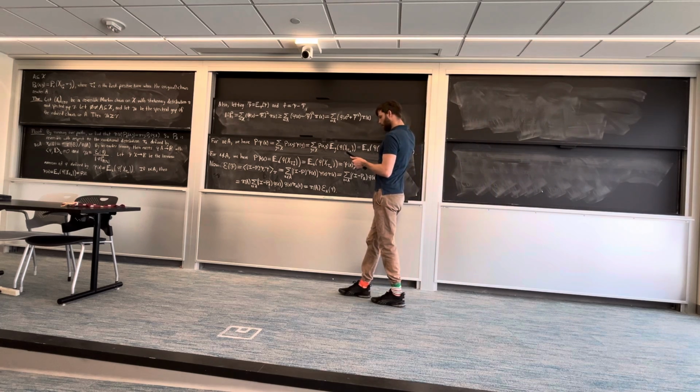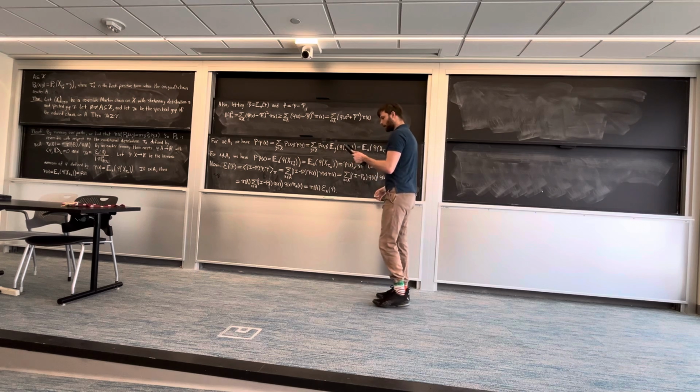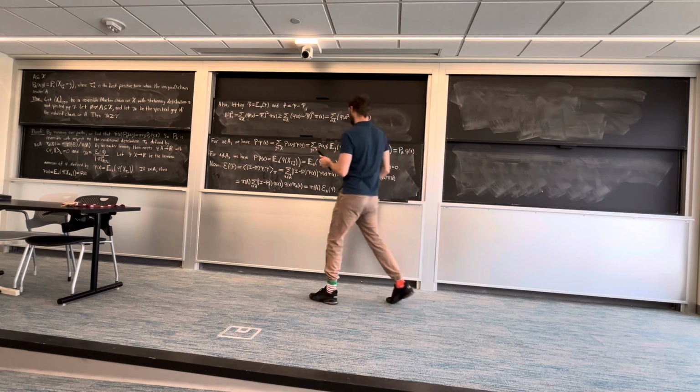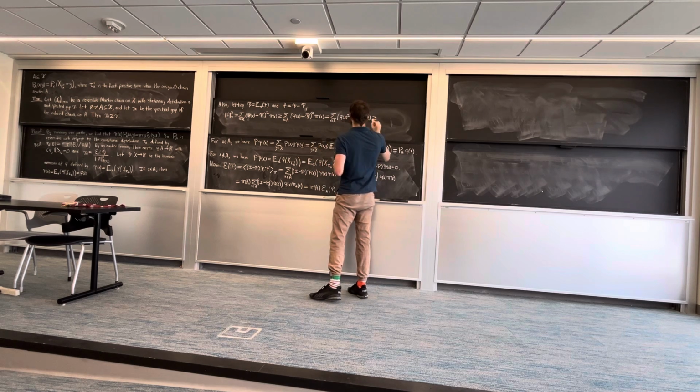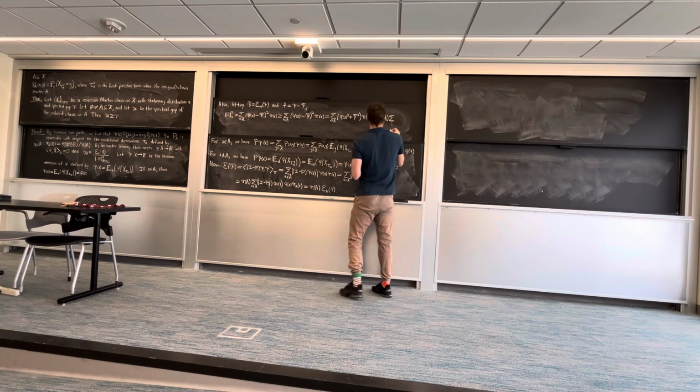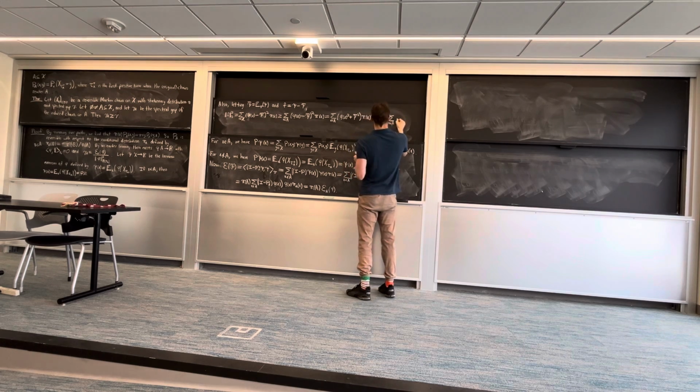Okay, and then finally, this I can say is greater than or equal to the sum, okay, let me write it as pi of A sum over x in A of phi of x squared pi A of x.